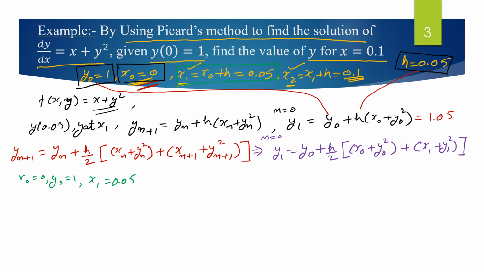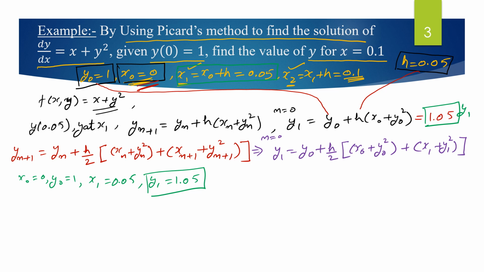After adding h in x0, we get x1, and similarly y1 we have calculated from the previous value. This is y1, so the value is 1.05.